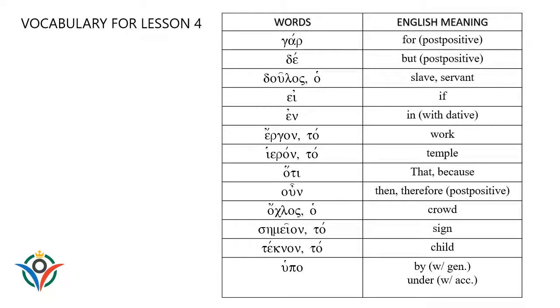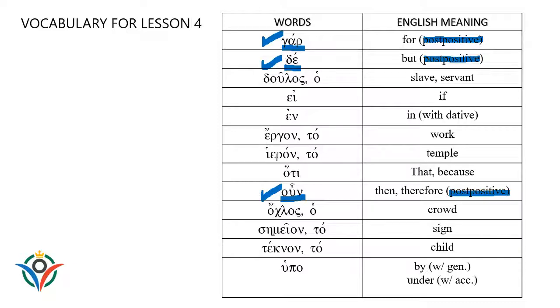All right, let's have a look at our vocab for lesson 4. I'm going to begin with the postpositives. That is the words gar, de, and un. These are words that are called postpositives. So what is a postpositive?